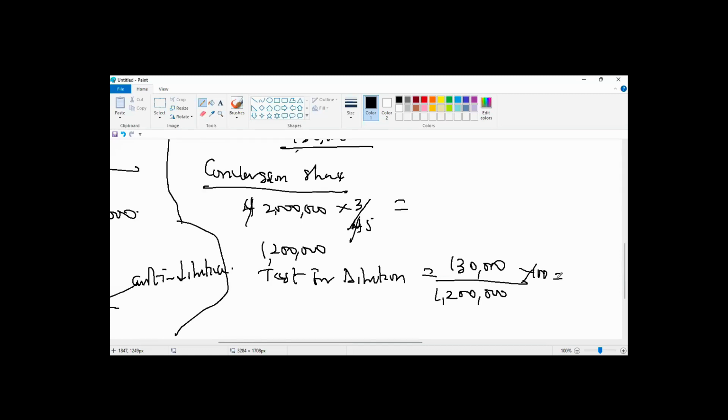How much is it? 11 kobo. Therefore, it is inclusive in the calculation. So let's go to the diluted.